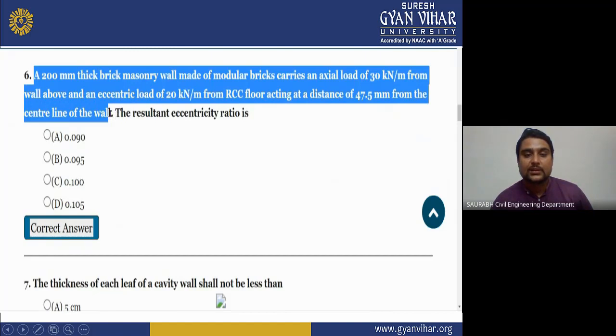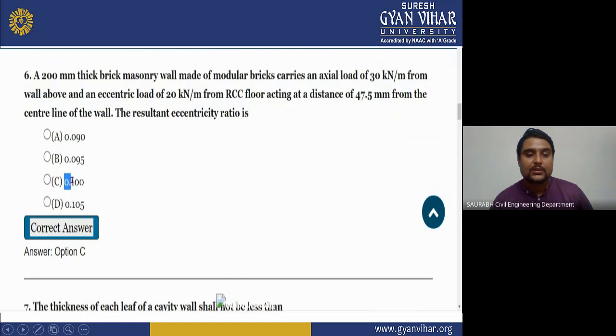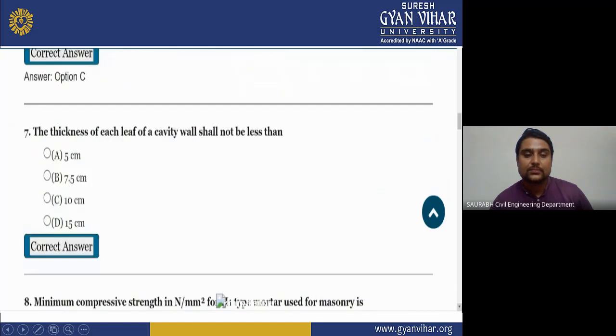The resultant eccentricity ratio is: 0.090, 0.095, 0.100, 0.105. Here the right answer will be 0.100. That will be your right answer, and this is also a very important question.